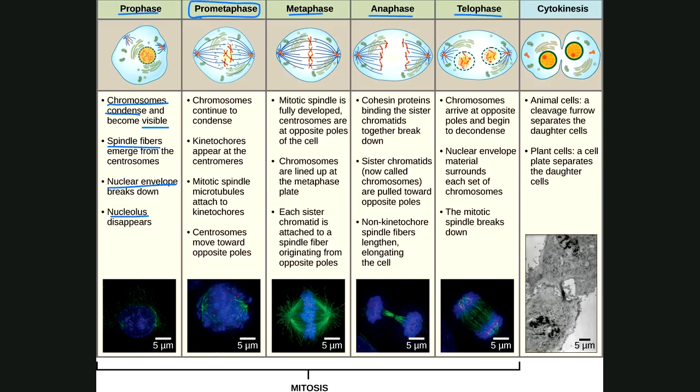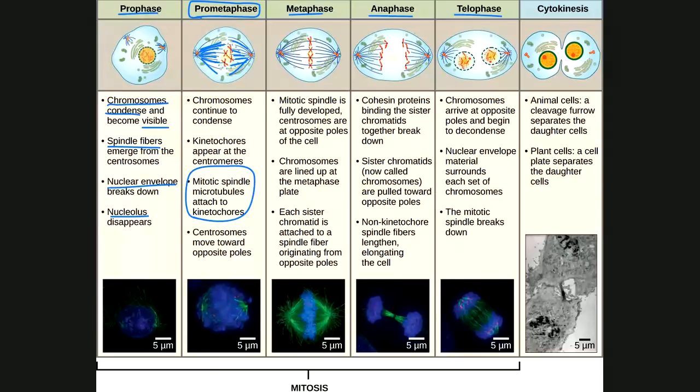Well, we notice that the spindle is attaching to each individual chromosome. So you can see these blue lines that are radiating out. This is what we call the spindle or the spindle fibers, and these are beginning to attach to the chromosomes.